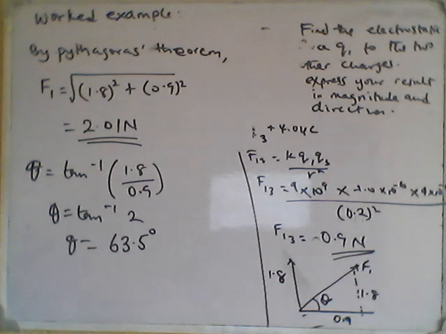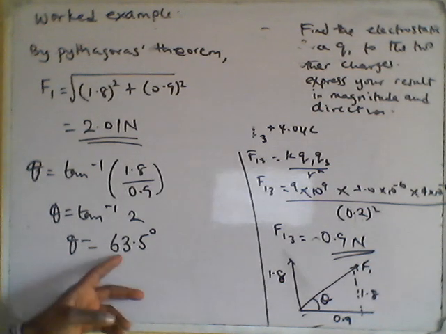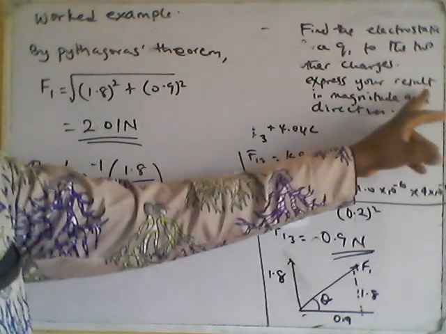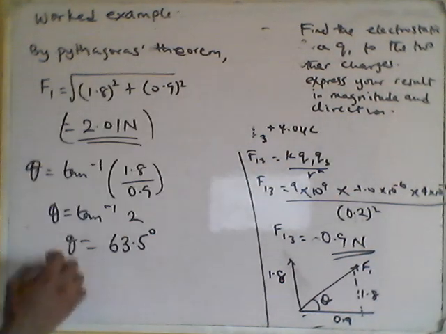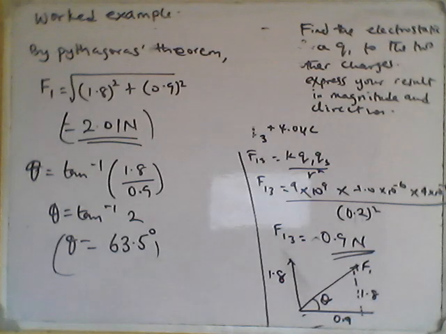So this is the direction. If you say express your results, this is the magnitude, and this is the direction. So it's as simple as that. Using superposition theory, we can get the resultant of forces when more than 2 charges are involved.